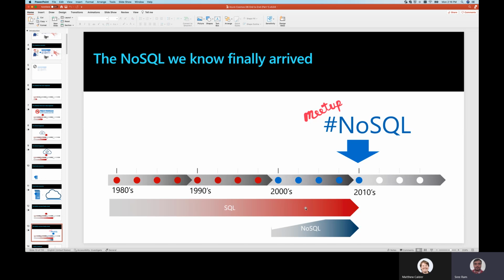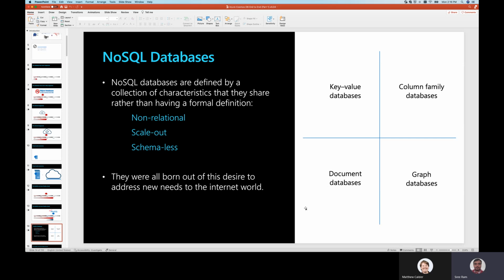So the story goes, in 2010s, in a meetup, the word NoSQL was coined without actually paying too much attention, other than for the fact that it's not only SQL. And today, NoSQL databases have many characteristics.